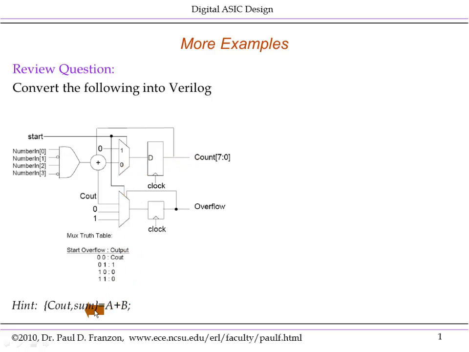We have to assign cout and sum like this in order to get the overflow. So that means that this block to the left here will have to be its own logic block. We cannot just combine it in with count. So we're going to have 3 chunks of logic, 1 chunk for count and its input mux, 1 chunk for overflow and its input mux, and another chunk for this gate and the adder.